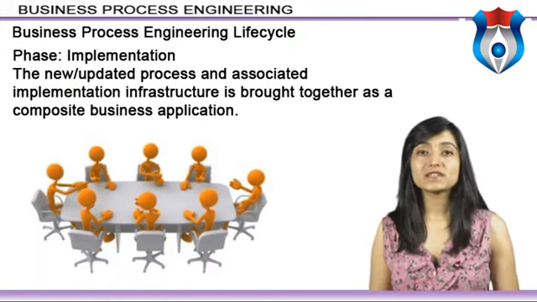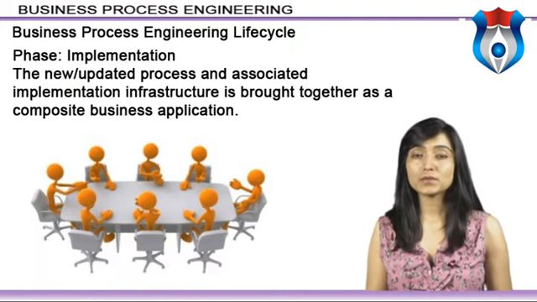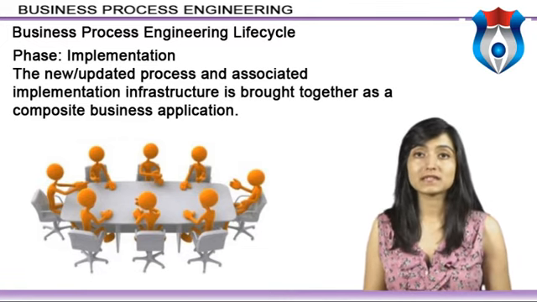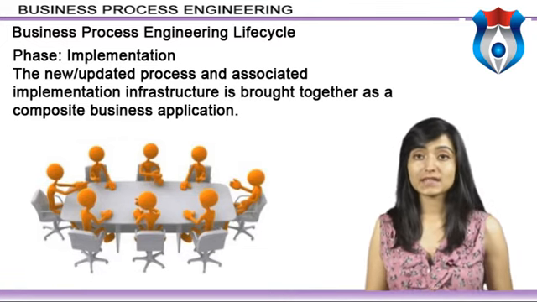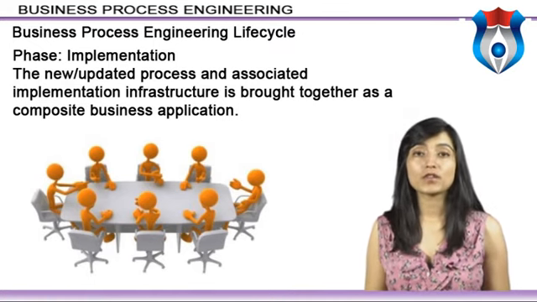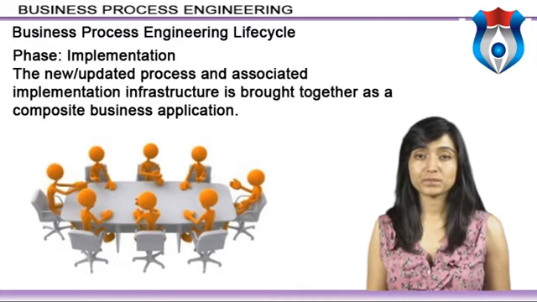The new updated process and associated implementation infrastructure is brought together as a composite business application to be deployed, tested, and promoted to production systems along with training for end users and IT.